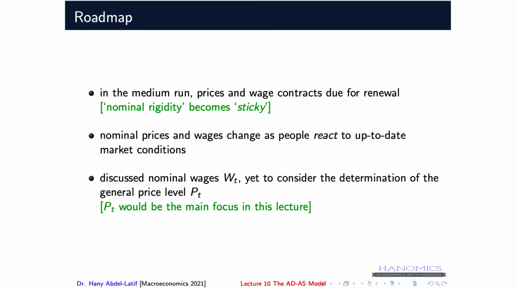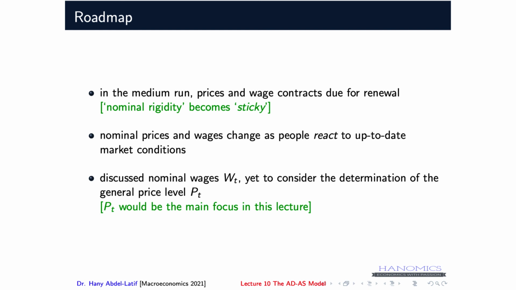So just to make things clear, in the medium run, we know that prices and wage contracts are due for renewal, so they are more flexible compared to the short run. In the short run, you remember we didn't discuss prices at all. We took prices as given, but now it's time to think about how prices are determined.